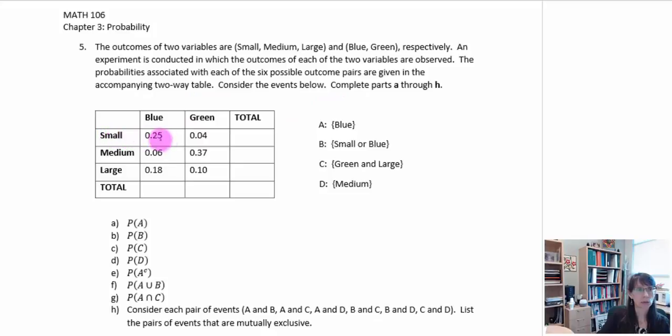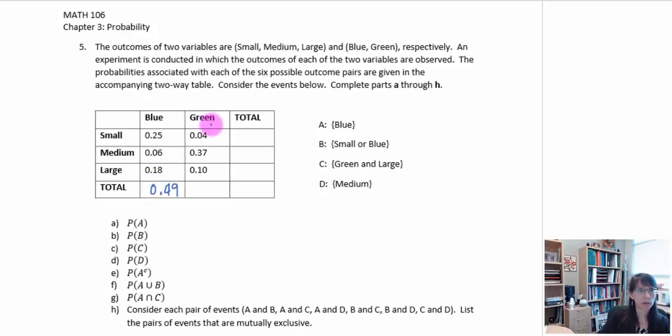So you can see that the two-way table has some probabilities already included, but I'd like to start with filling in the total column and total row. So if we add up the probabilities of the event being blue, that would be 0.25 plus 0.06 plus 0.18, and that makes 0.49.